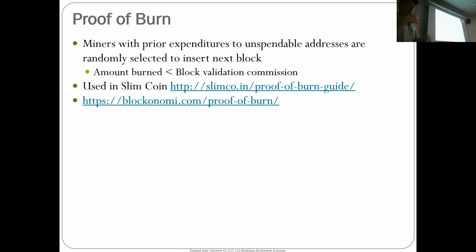This is a sort of proxy to say, hey, I'm spending money to keep this network secure. And because you're in good faith burning some coin, you'll get elected and potentially reap a reward, is the idea. So these are the places where it's being used.